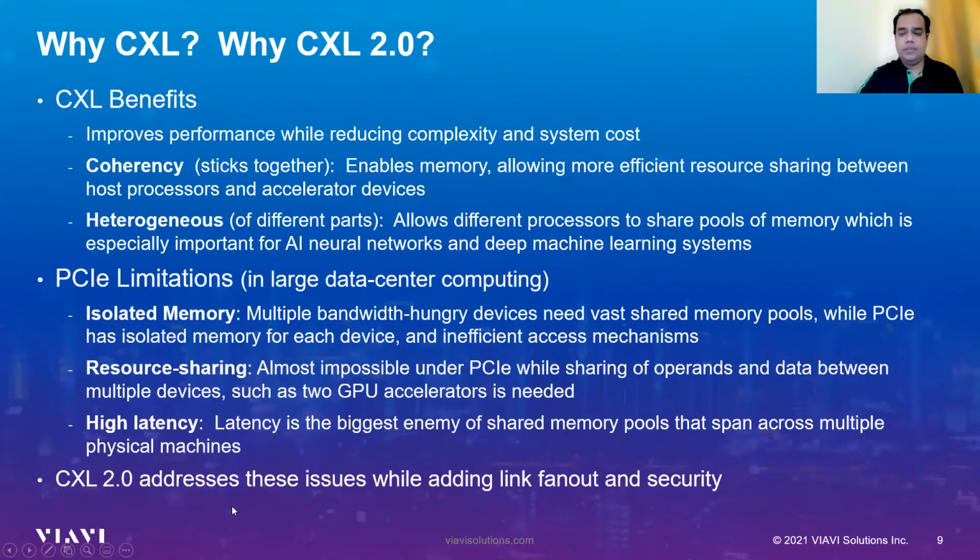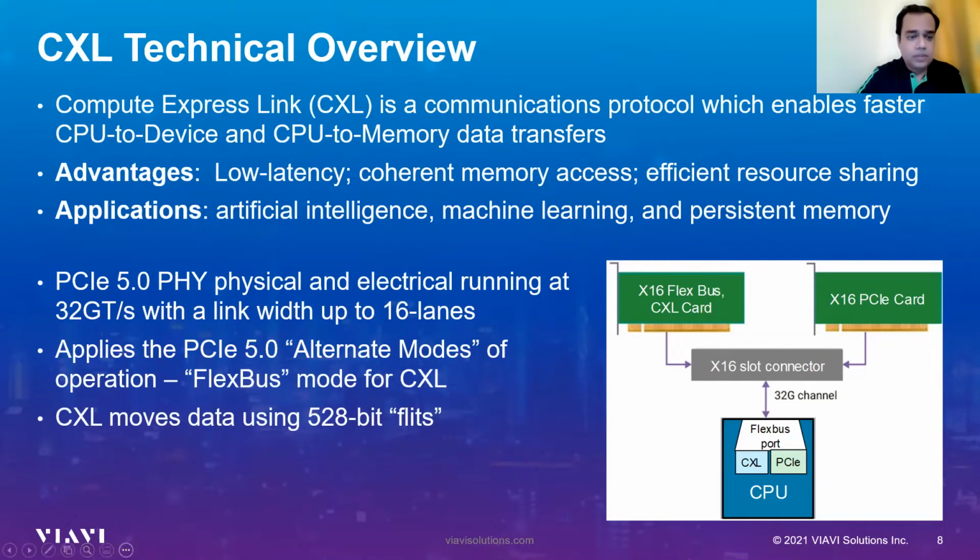CXL actually is designed to operate on the PCI Express 5.0 physical layer. So you've got electrical signaling running at 32 gigatransfers per second and link width up to 16 lanes. It's interesting that CXL actually uses the PCIe 5.0 alternate mode of operation called FlexBus mode within the CXL standard.